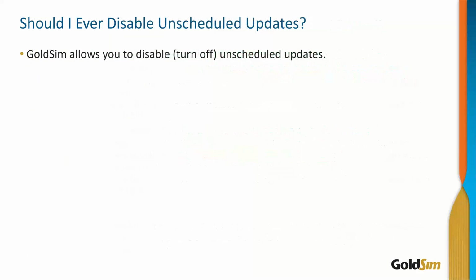All right. The question then comes up, should I ever disable unscheduled updates? It turns out we allow you to turn these off. You can say, no, I don't want to allow any unscheduled updates in my model. And that's okay. But in general, you should avoid it. And I'll give you an example of why.